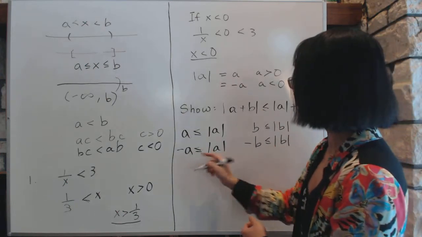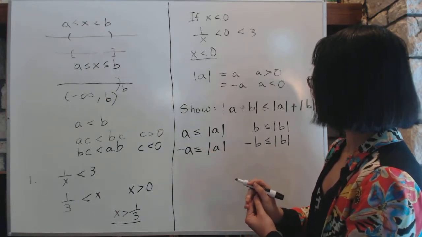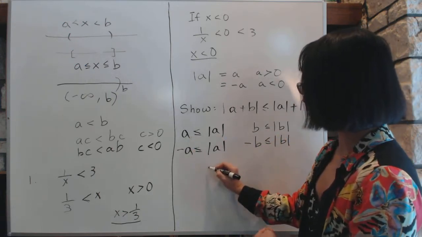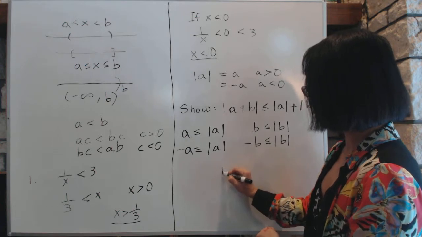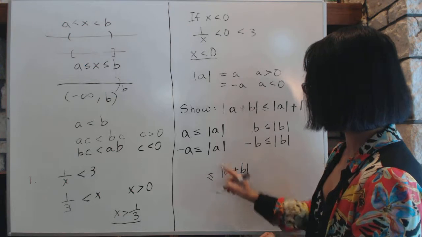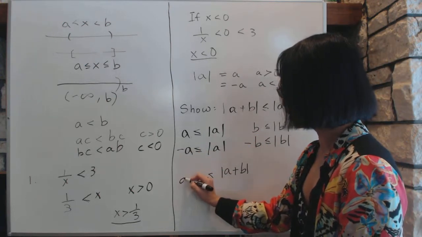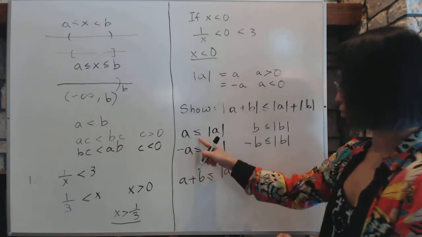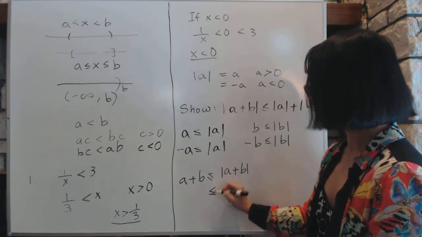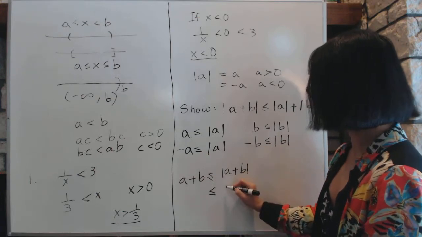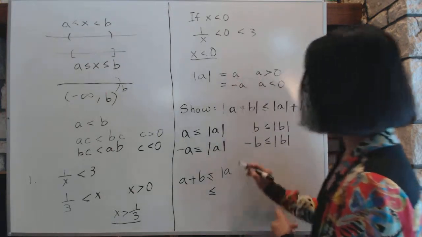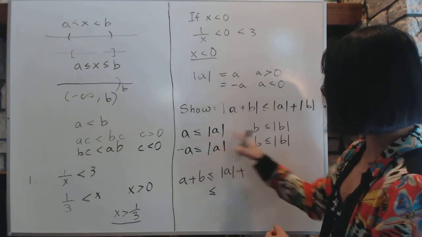So then if you add this up, what that means is you add it across here. From the first line, we have the absolute value of A plus the absolute value of B is bigger than or equal to A plus B. We're adding up the first two inequalities. And similarly, if you add up the second two inequalities, I said that wrong, we're adding up the right side here.